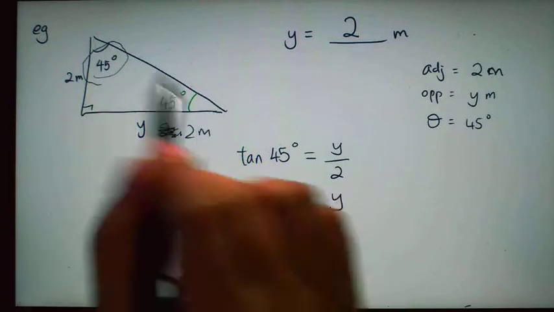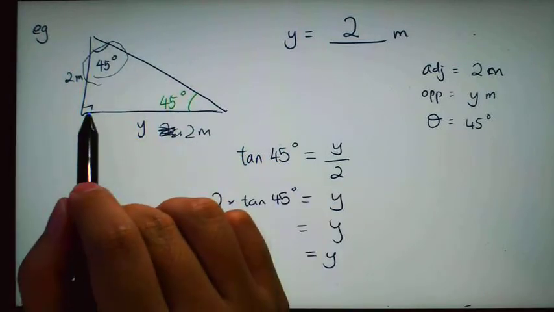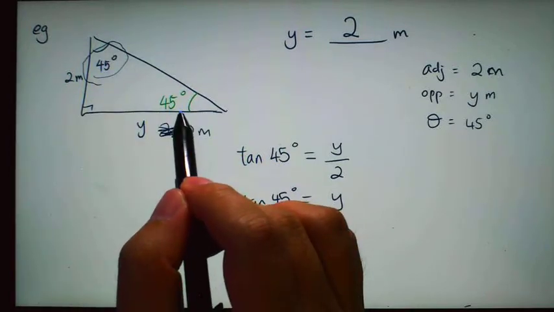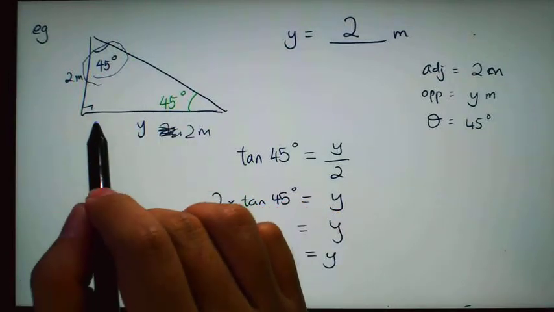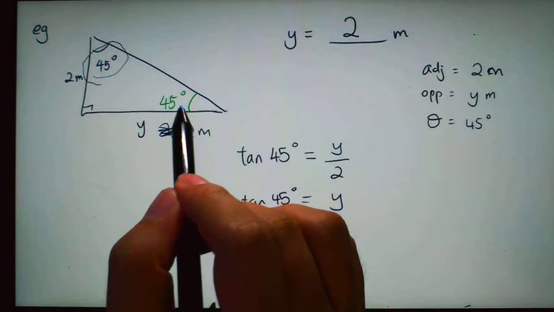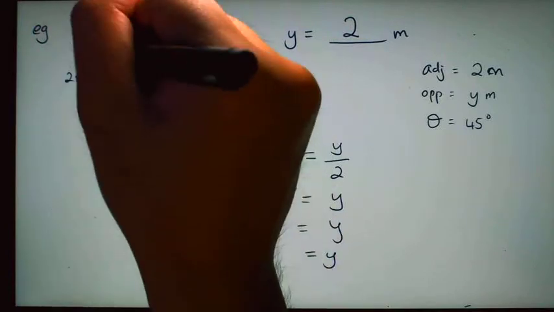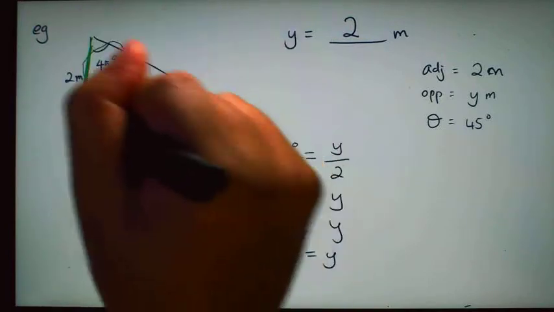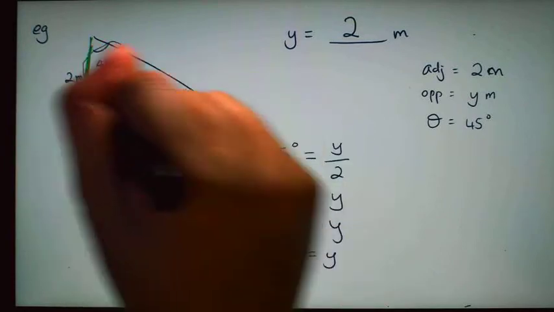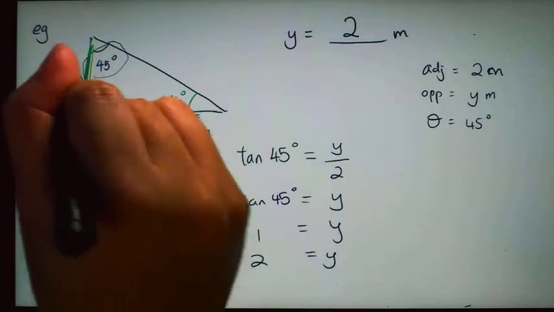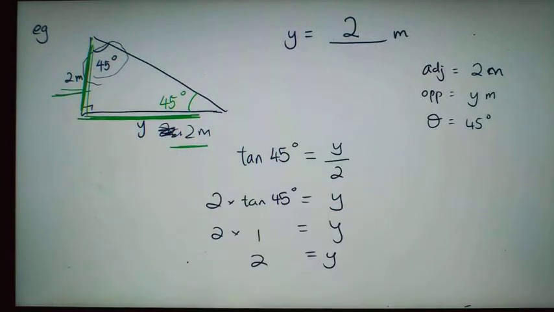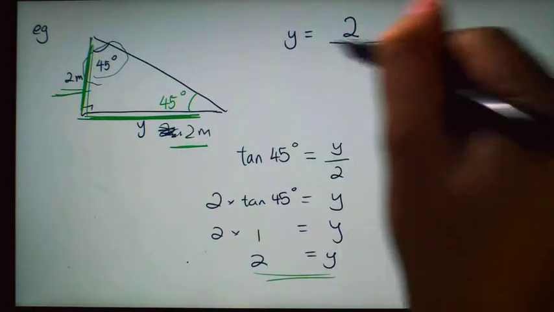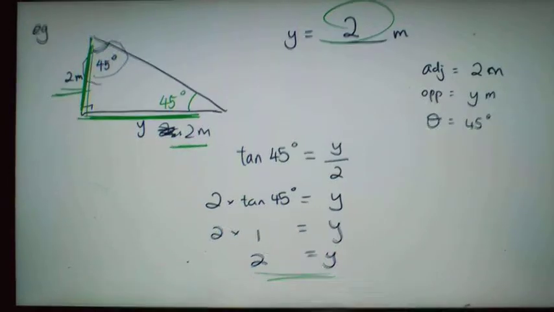Triangle add up to 180, so if this is 90 degrees, this is 45, this is also 45, then that means it is a what? A right angle triangle, but also an isosceles triangle. Isosceles triangle, that means the length in here and in here must be the same length. So if this is 2, this is also 2. So that's the reason it is not necessary to calculate all this kind of stuff. I know this is answer 2.